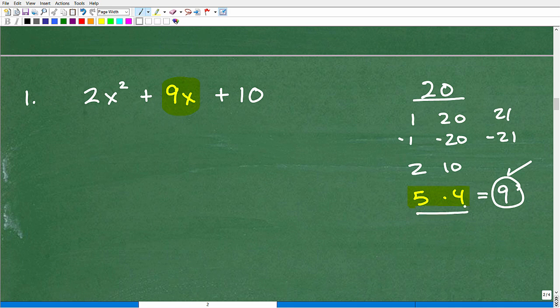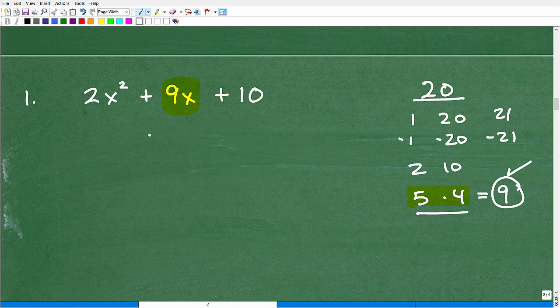Now, this is a good example. Should I write this as 5x plus 4x, that's 9, or should I write this as 4x plus 5x? Well, I know I'm going to have to do group factoring, and 5 is a factor of 10, so let's write it as 4x plus 5x. But if you did it the other way, you'd still get it right as well.